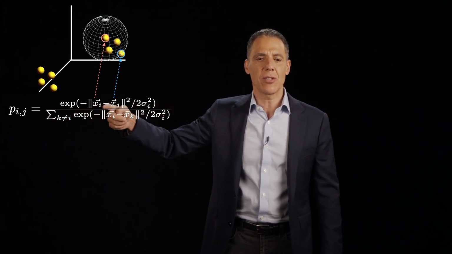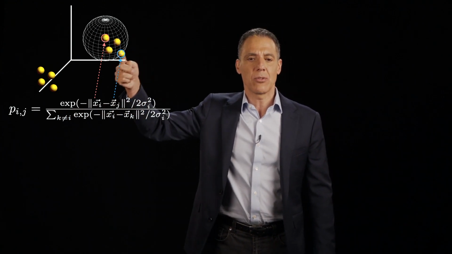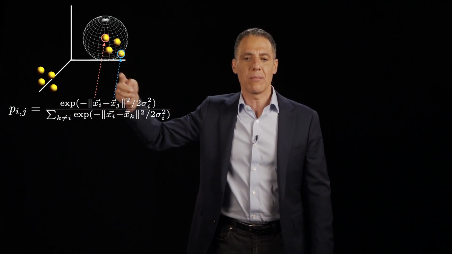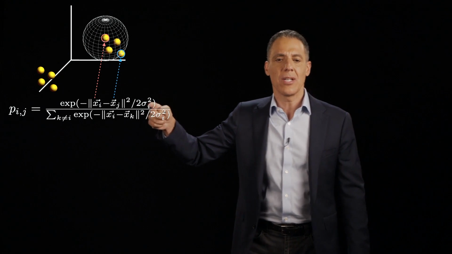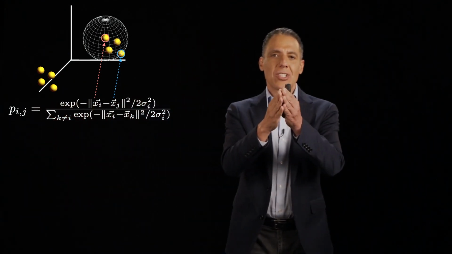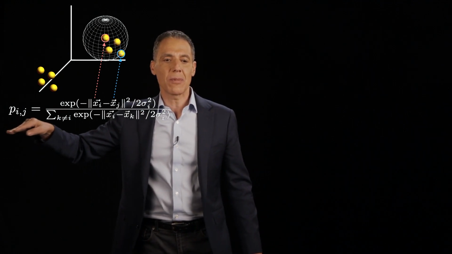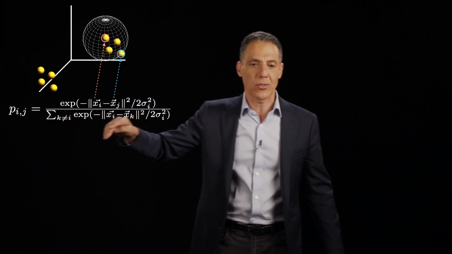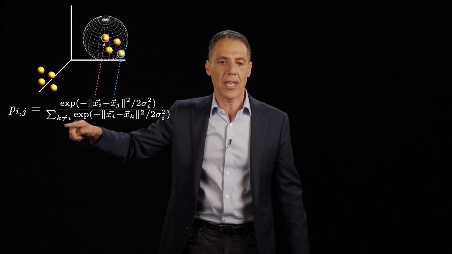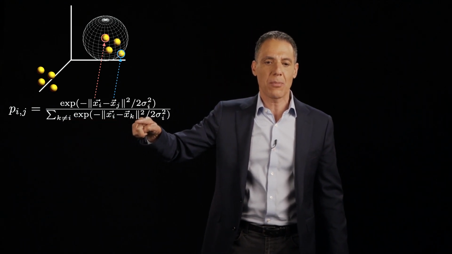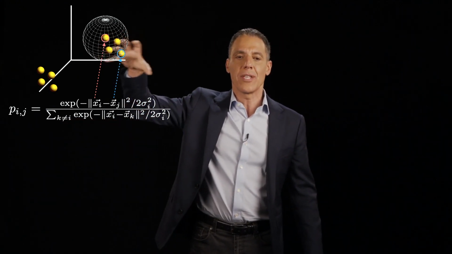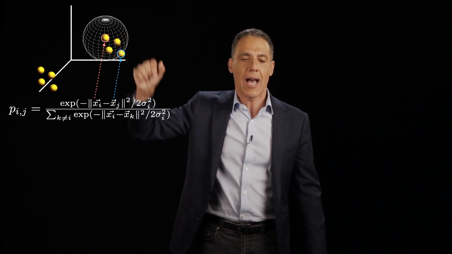So this is e to the minus the vector norm between point i and point j in red and blue divided by some sigma. This tells me essentially how similar are these 2 points relative to the similarity to all the other points. So notice here, this is a sum over all k of the difference between the ith point and the kth point within some sphere around the ith point.